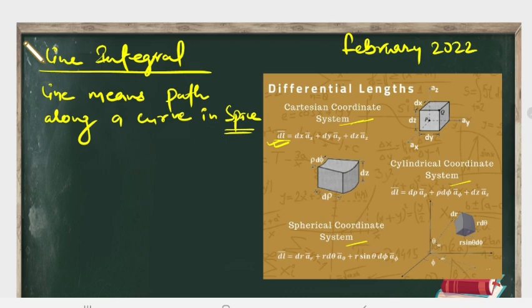In electromagnetics, we deal with various vector fields like electric field and magnetic field.